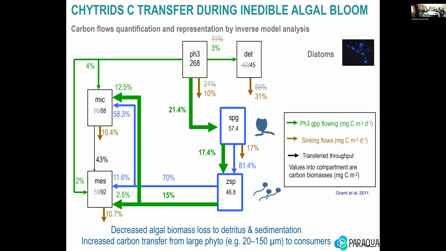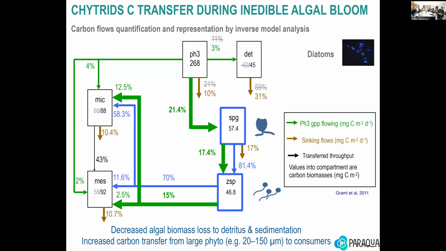Of course it is not 100% transfer, but we calculated that 70% of this flow was conveyed to the first, the small consumers, because these models work with a size constraint.